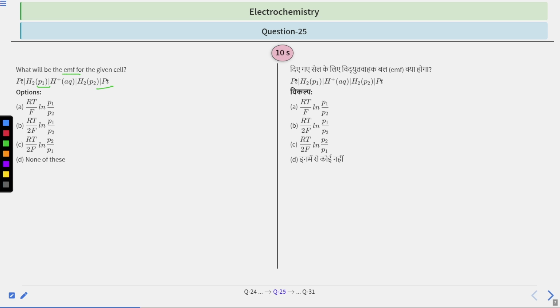Basically, this is ln, and here also it is ln. So these are the options, and you have 10 seconds to solve this question. After that, we will see the answer.